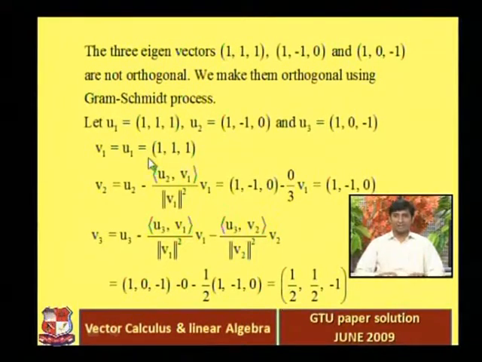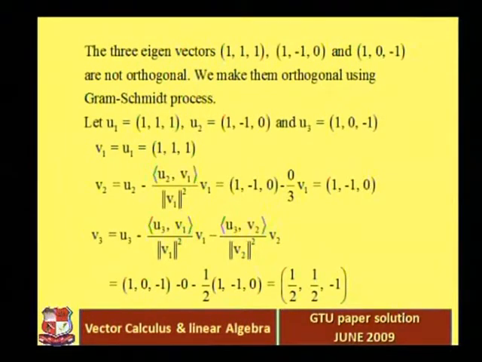Then we find v1, v2, v3, which are orthogonal eigenvectors. Here v1 equal to u1, that is 1, 1, 1. Here is the formula to find v2: v2 is equal to u2 minus inner product of u2 and v1 upon norm v1 square, into v1.